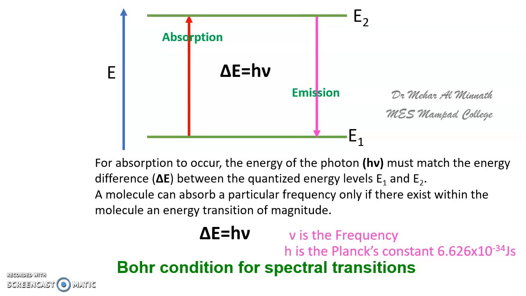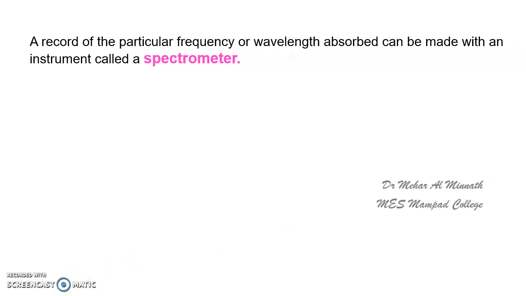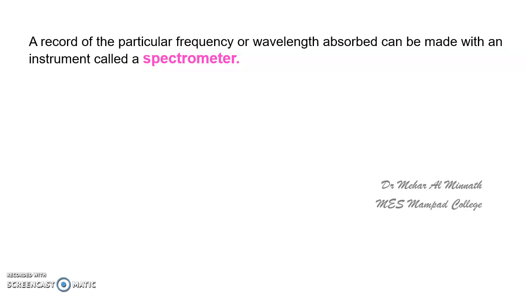Now, if the absorption or emission happens, the frequency or wavelength of the radiation absorbed, or the frequency or wavelength of the radiation emitted, can be recorded, and that instrument is called the spectrometer.